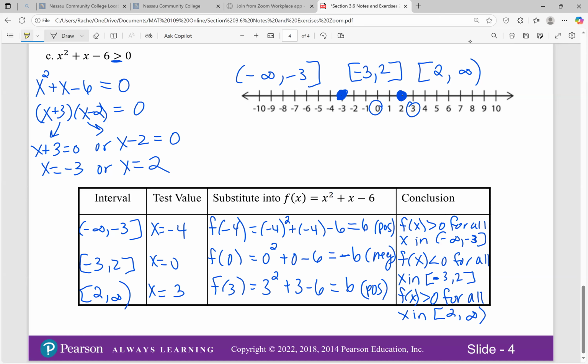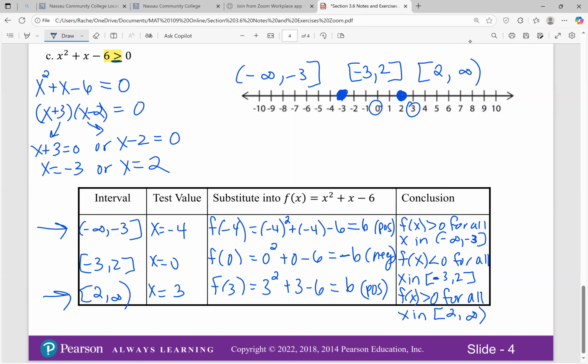And we're looking to solve where my polynomial is greater than or equal to 0. That would be in my first interval and my last interval, right? Because we're getting values that are positive, or greater than or equal to 0.